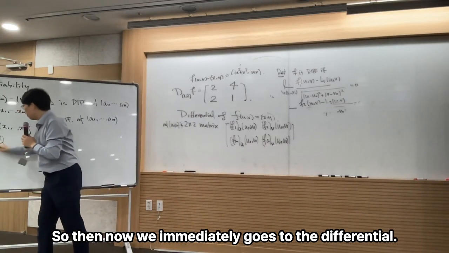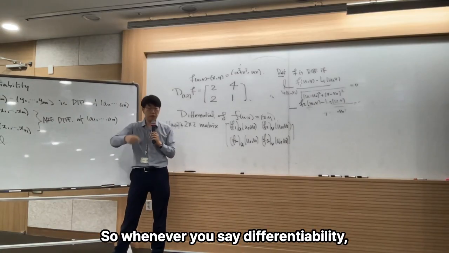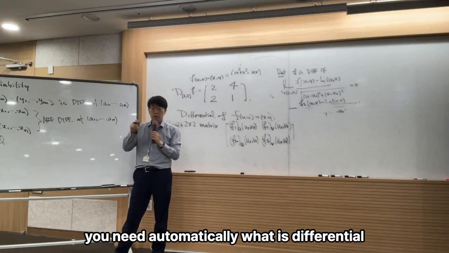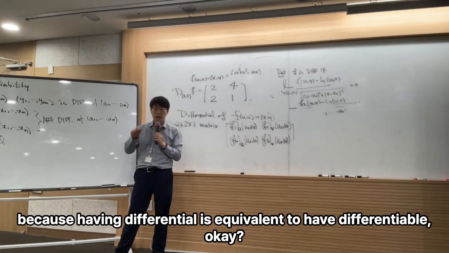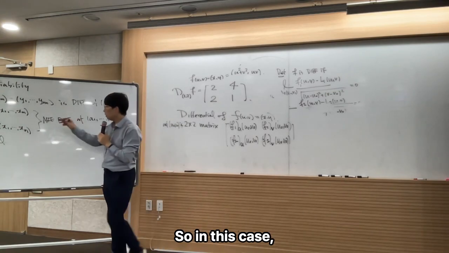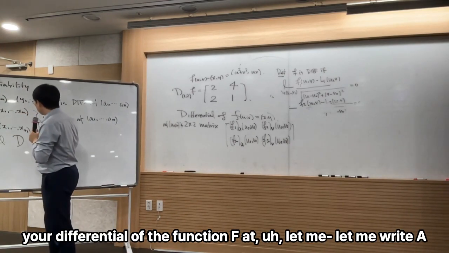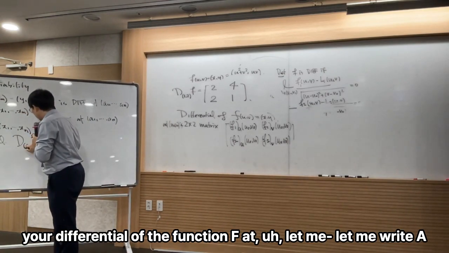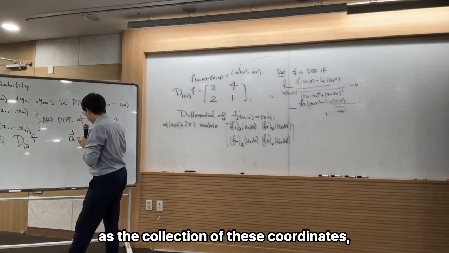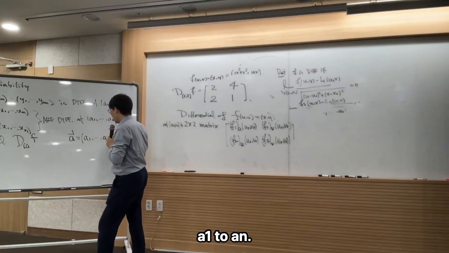So now we immediately go to the differential. What is the differential? Whenever you say differentiability, you automatically need the differential, because having a differential is equivalent to being differentiable. Okay? So in this case, the differential of the function f at, let me write a as the collection of these coordinates a1 to an.